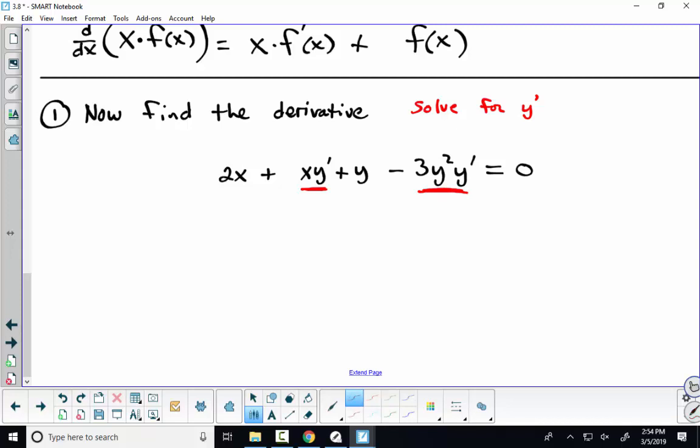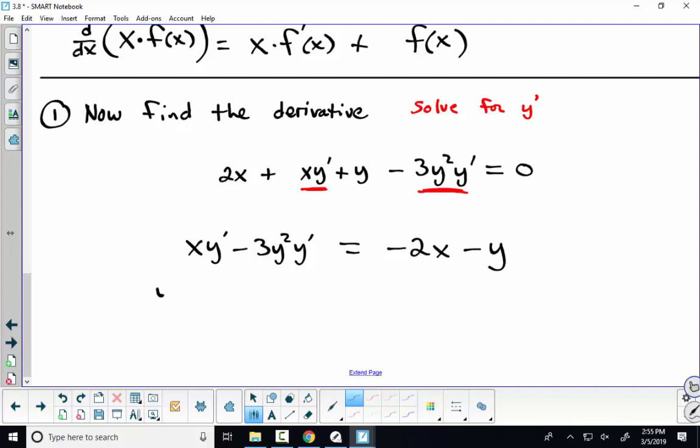We have 2 terms, x y prime and 3y squared y prime, that involve the variable we're solving for. So we're going to leave those 2 on one side of the equation, and then we're going to put everything else, meaning the 2x and the y, on the other side of the equation. That way we can factor out what we're trying to solve for.